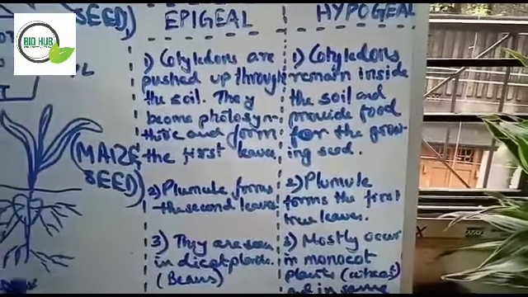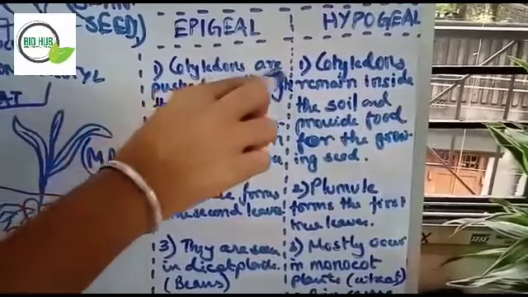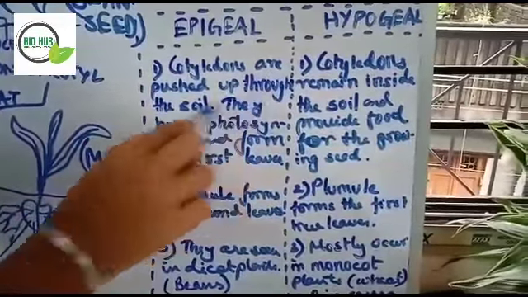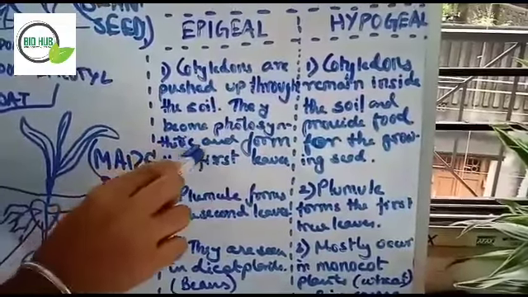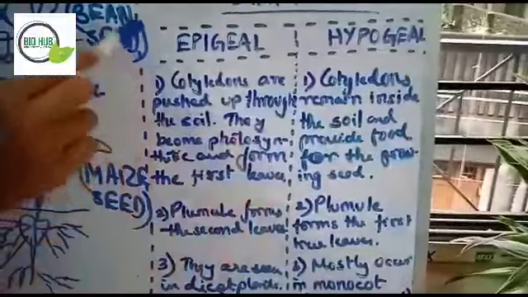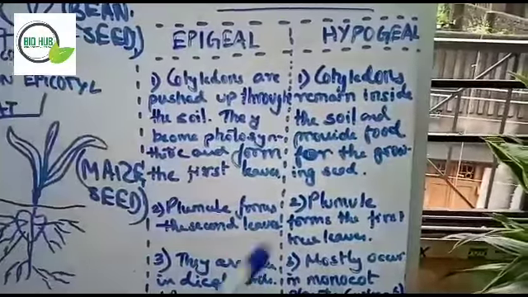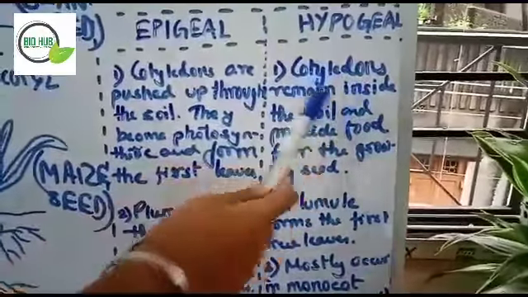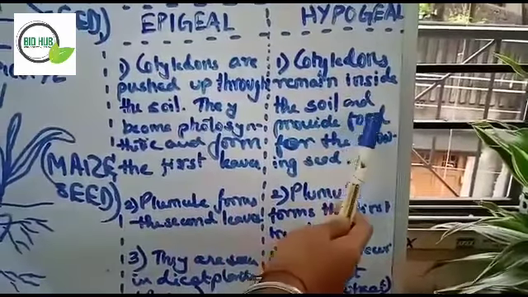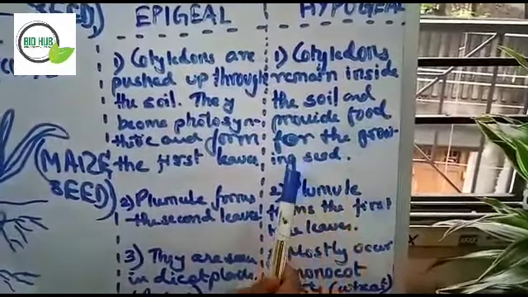The first point is that the cotyledons are pushed up through the soil. They become photosynthetic and form the first leaves. This is in epigeal germination. Next, the cotyledons remain inside the soil and provide food for the growing seedling. This is in the case of hypogeal germination.